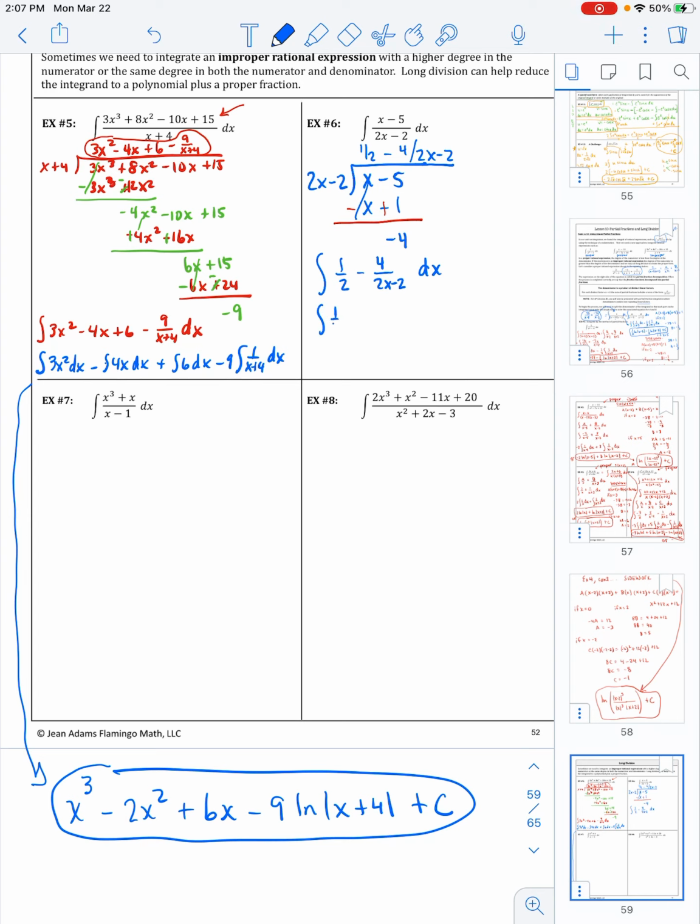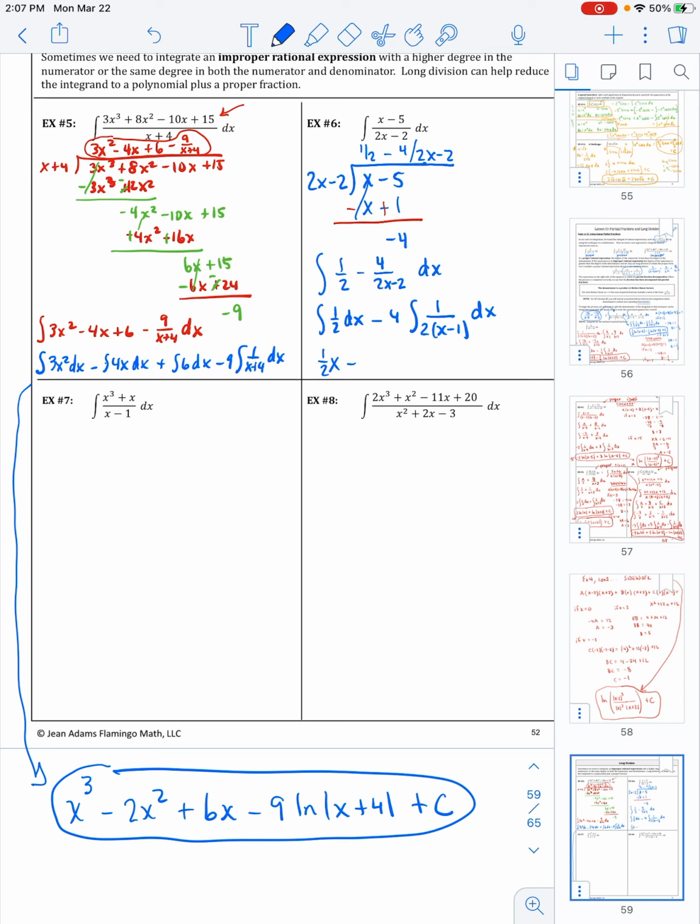And so we'll split that up into two separate integrals. And I'll go ahead and factor a 2 out of that denominator and bring that out front also.